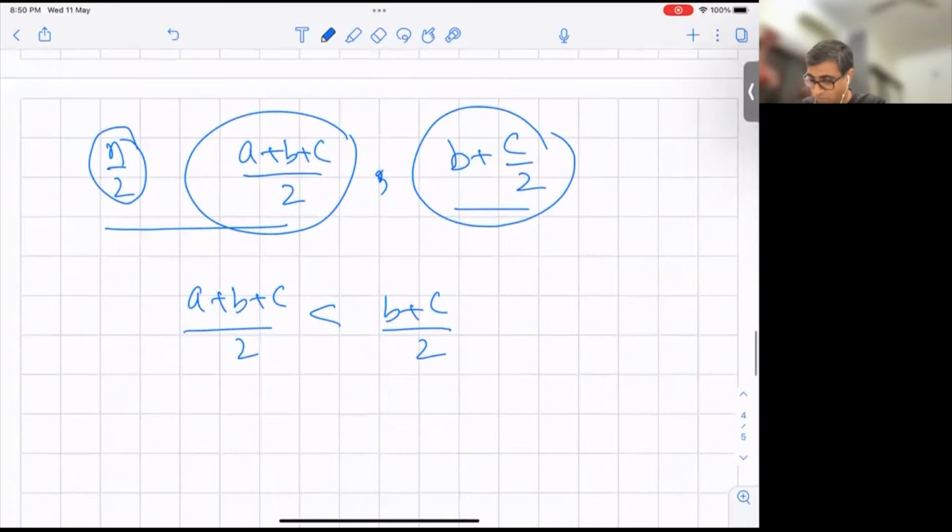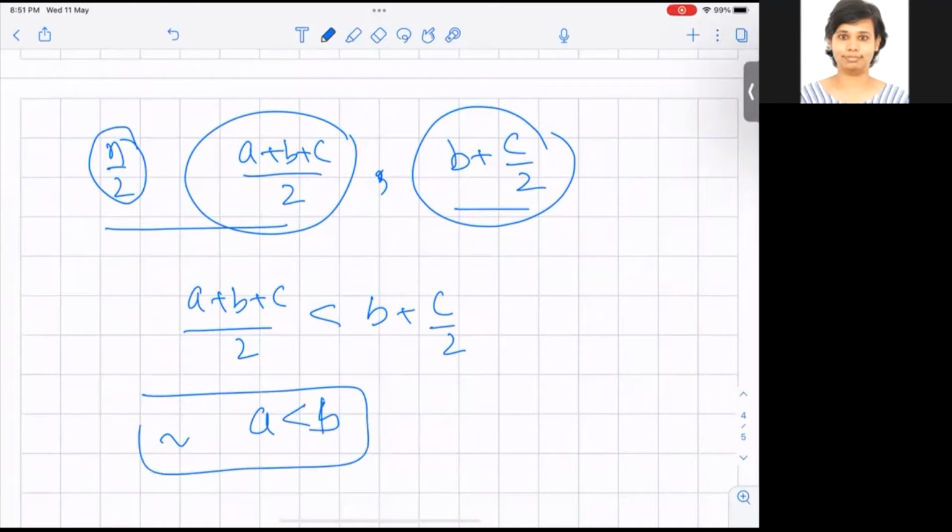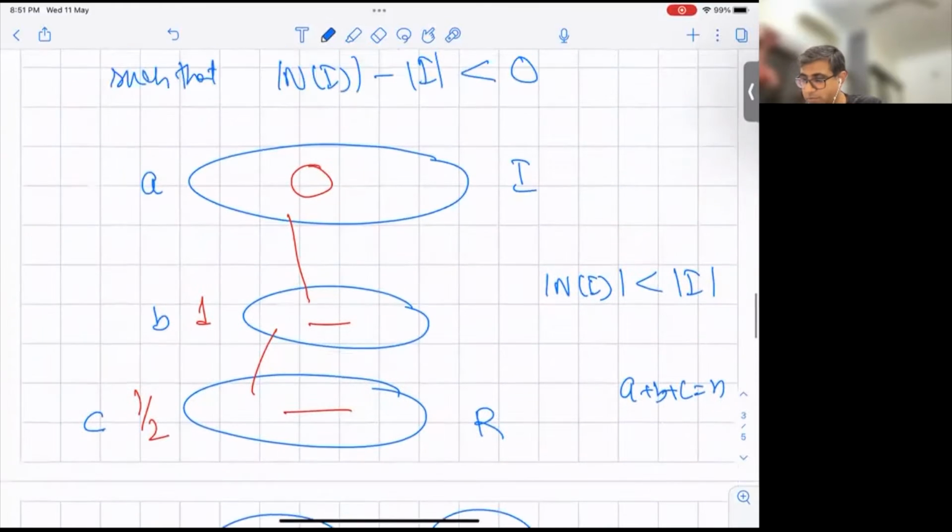So what does this tell us? A is less than B. But what did we assume? That A is greater than B. Am I right?